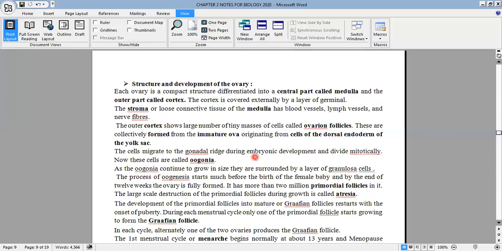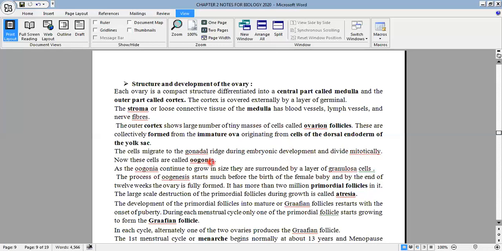So in short, formation of oogonia, that is the egg, takes place before the birth of the female child. The cells migrate to the gonadal ridge during the embryonic development. Gonadal ridge is the ovary. And when they come in the ovaries, they divide mitotically to form many oogonia.